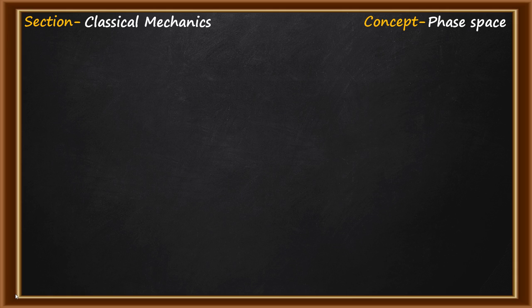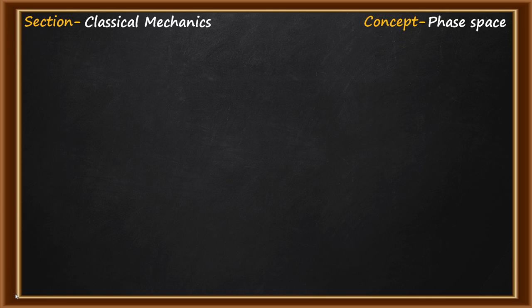Whereas only momentum provides information about the motion or energy of the system, but no information regarding the position of the system. So in order to understand the dynamics of a mechanical system, it is necessary to know both the position and the momentum.